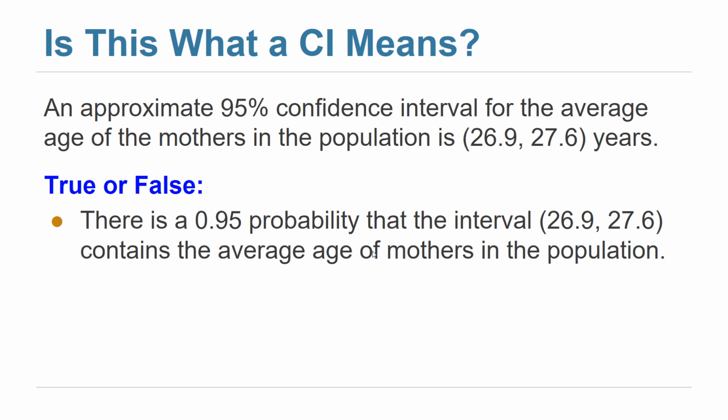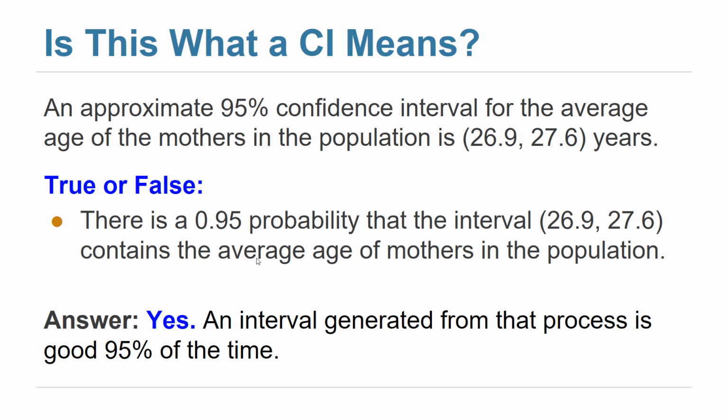That's exactly the same as saying that there is a 95% probability that this interval contains the true value of the maternal age in the population. So this is true. An interval generated from that process is good 95% of the time, which means that there is a probability of 95% that this interval is good.